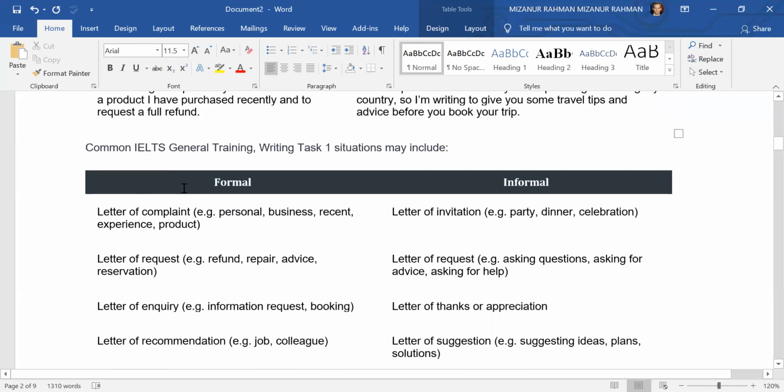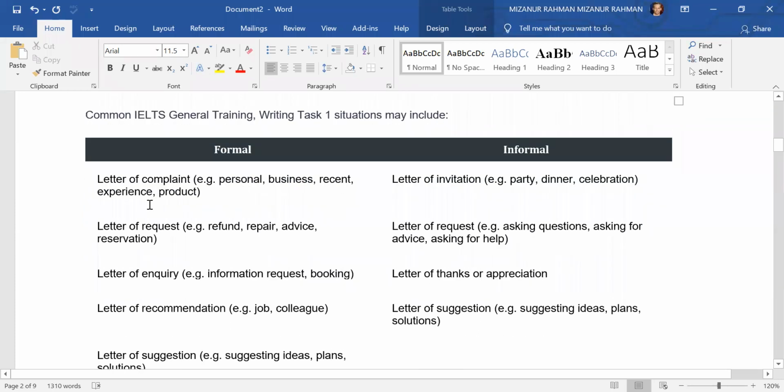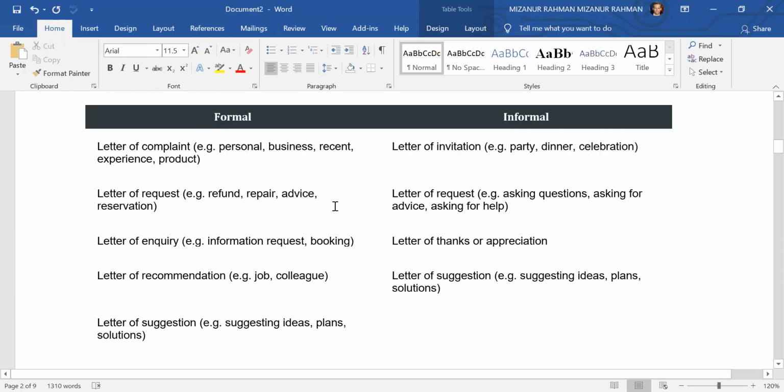Now, common IELTS general training writing task 1 situations may include the following. Formal: letter of complaint, personal, business, recent experience, product. Informal: letter of invitation. So that could be the situation. In your IELTS exam, you might get this sort of situation. There might be a letter of complaint, like you have bought a product, but the product is faulty, so you want a refund.